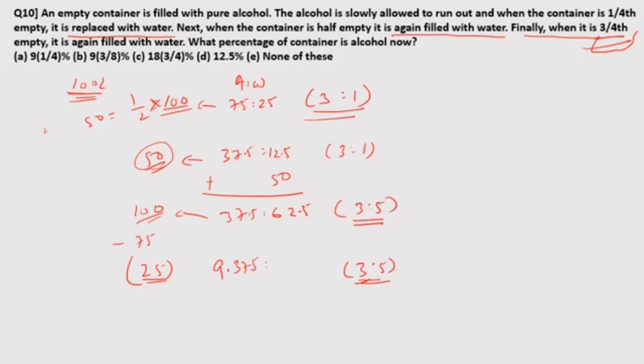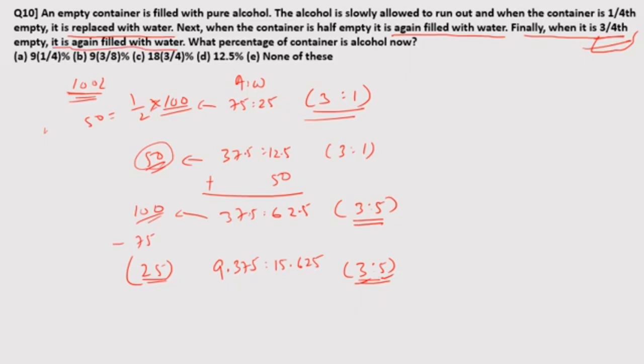And 5 parts will be water. So 5 into 3.125, that is 15.625.